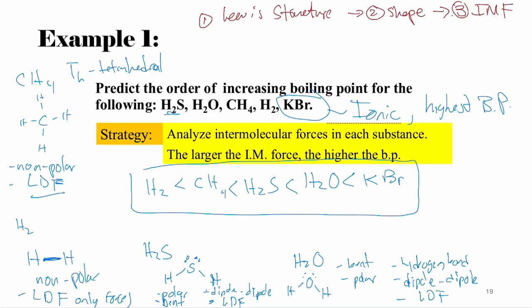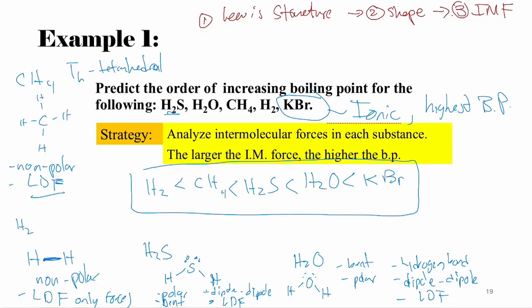That's why all of them have London dispersion forces, no matter what. For a nonpolar molecule, that's the only force they have because it doesn't have a permanent dipole. We go to H2S, and after drawing the Lewis structure, finding that it's a bent shape, that means it has polar properties. This is a polar molecule.